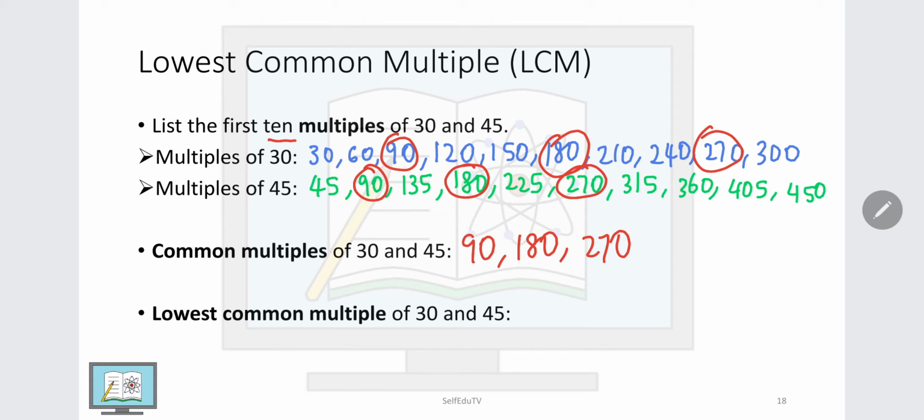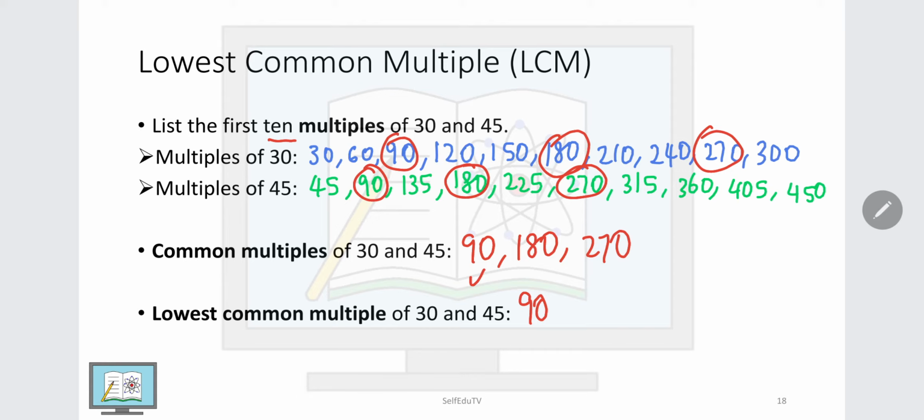Lowest common multiple, obviously, is 90. So you can get the lowest common multiple by listing the multiples of 30 and 45. But this is a time consuming process.